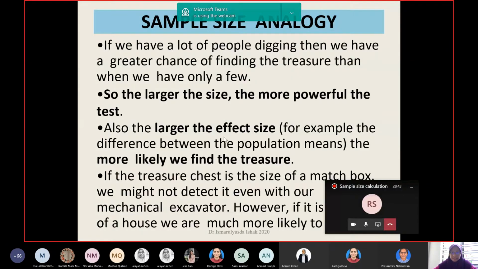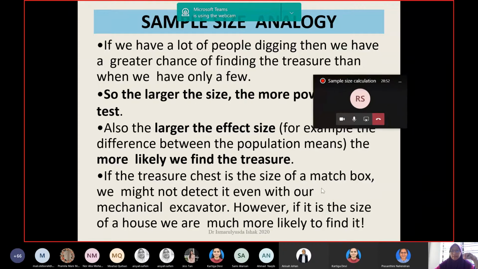Effect size is like, if your treasure chest is the size of a matchbox, you might not detect it even with our mechanical excavator, if your effect size is very small. However, if it is the size of a house, we are much more likely to find it. If your effect size is very big, you don't need more samples. You need only a few samples.